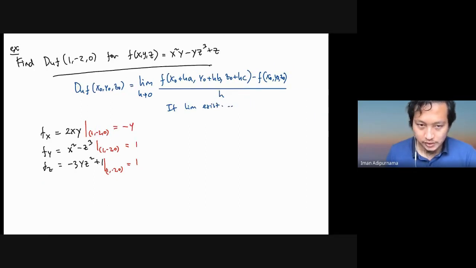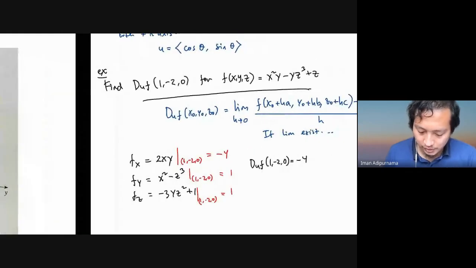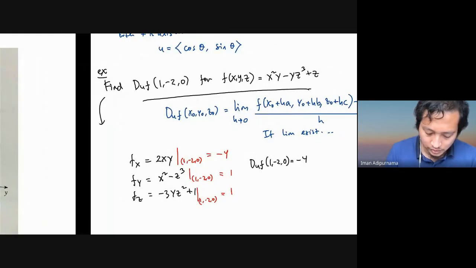So we can write the directional derivative, -4. And then, oh, I'm sorry. This should have a direction. So the direction of u is based on vector a.